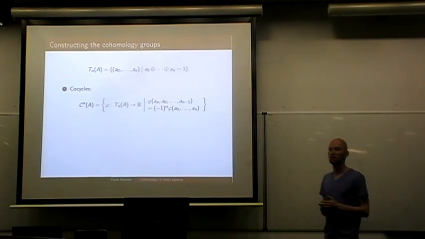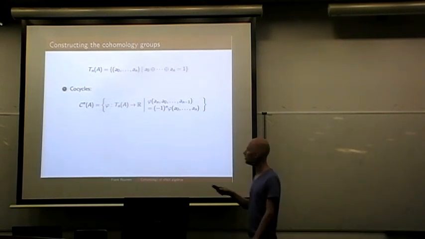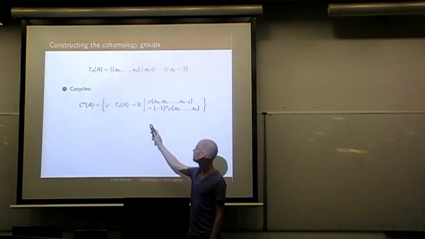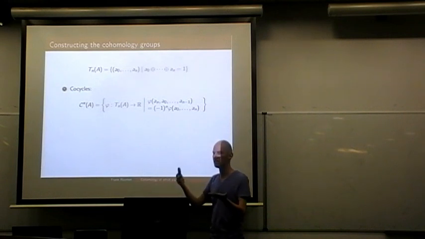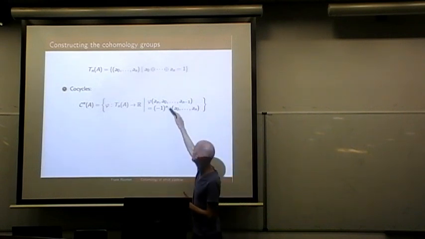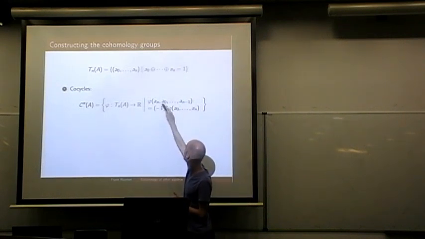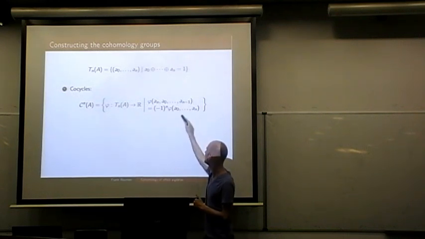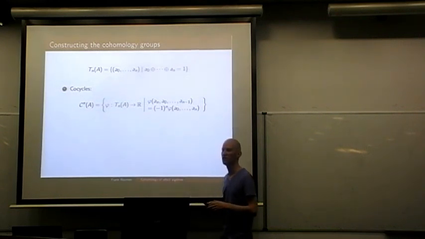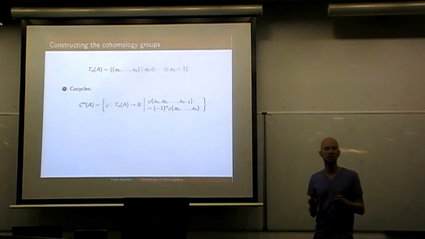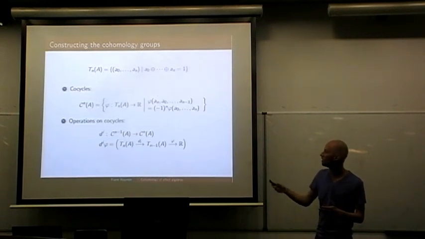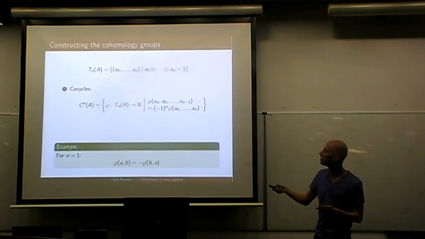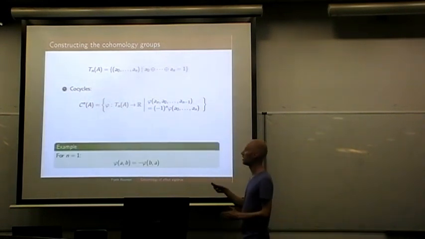Now we can look at cocycles. A cocycle is a map from tests into the real numbers that satisfies this property. So it's again like a kind of cyclicity property. If we take a cyclic permutation of those things, then it should give the same value up to a sign. This condition may look a little bit strange, but let's see what it does when we look at it for n equals 1.